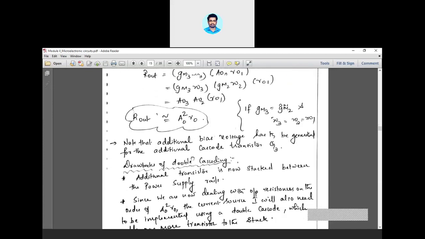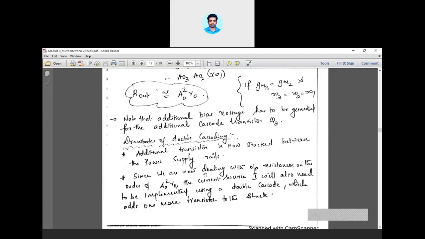Any doubts? But the drawback is that the hardware complexity increases. So the double cascoding amplifier increases the output resistance and so you can increase the gain. But you are using more hardware, that is more stacking of transistors under one power supply.